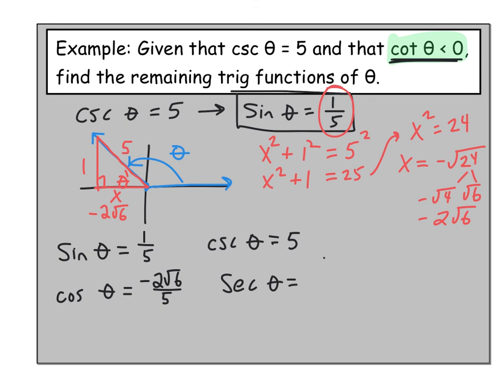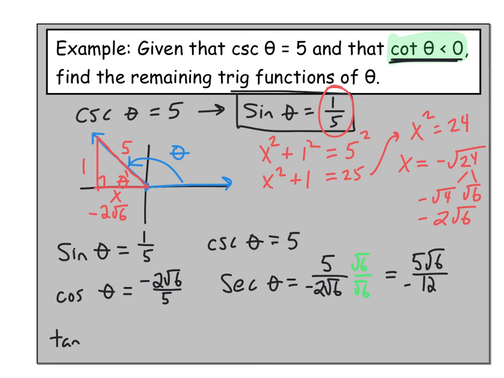So we're just going to flip that: 5 over negative 2 root 6, and we will rationalize that like we always do. Multiply top and bottom by root 6, to give us a simplified answer of 5 root 6. Now the denominator is going to be negative. It's 2, and then root 6 times root 6 is 6, so negative 2 times 6 is going to be 12.